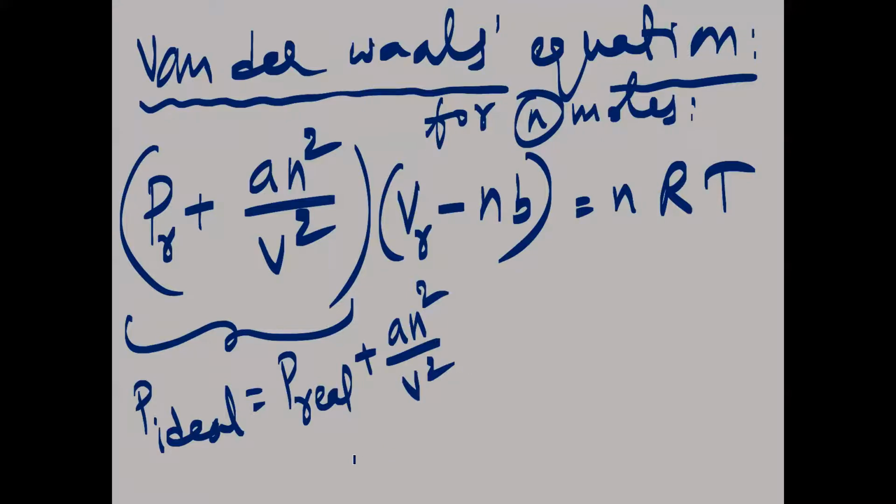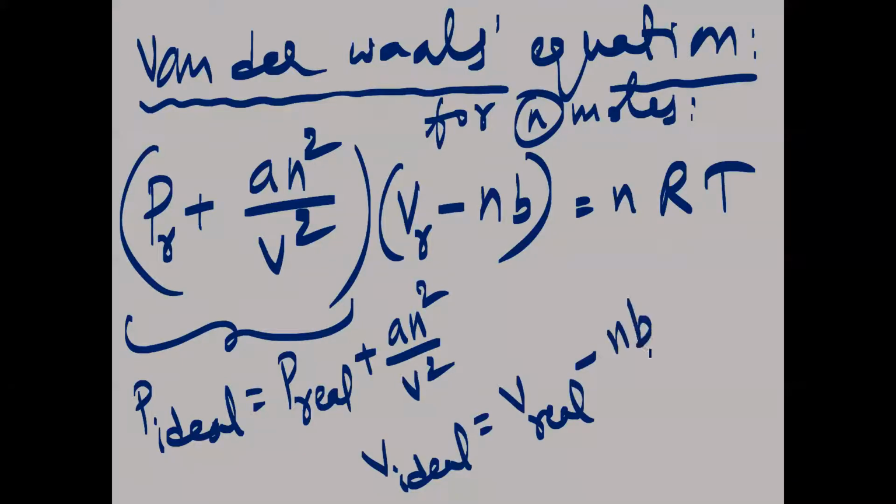And what is V ideal here? The volume of the ideal gas. V ideal is equal to V real, the volume of the real gas, minus the volume correction nb. So instead of PV = nRT, we have taken this one: (P + an²/V²)(V - nb) = nRT. Take the screenshot now.